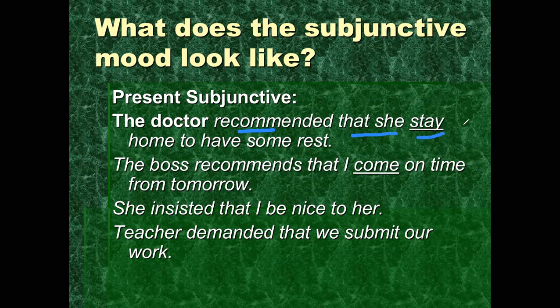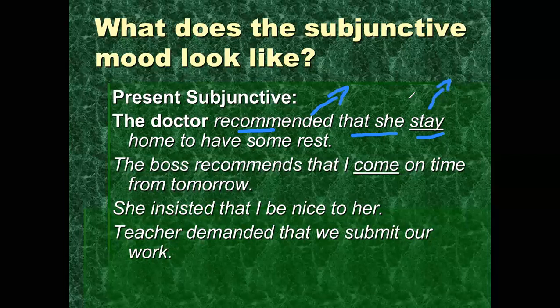Now these two things suggest that this sentence is in the subjunctive mood because it has got the word of suggestion. It has also got the first form of verb in the dependent clause.